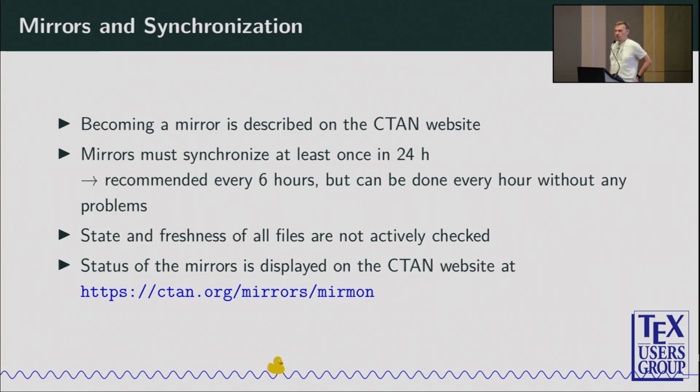In Linux it is usually rsync. I think this program is also available for Windows, but I do not know. It's crucial that mirrors synchronize at least once per day. This is an old rule. I think you can do it every 6 hours or more often.